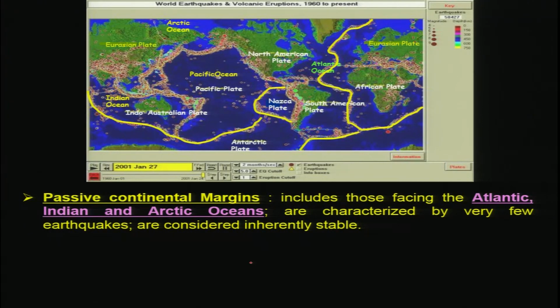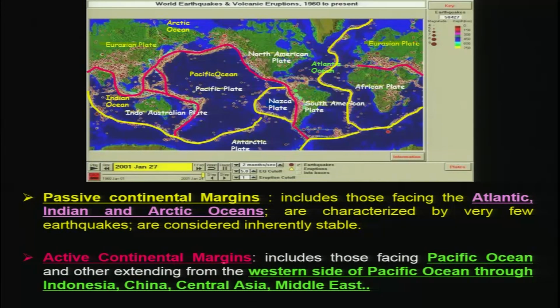So these are the regions, of course they are the spreading centers here, but they are considered to be passive continental margins, whereas those marked with red are all active continental margins, including those facing the Pacific Ocean over here and others extending to the western side of the Pacific Ocean through Indonesia, China, Central Asia and the Middle East.